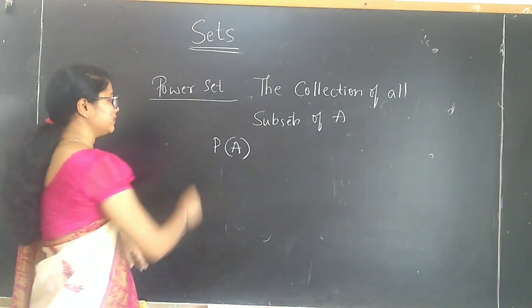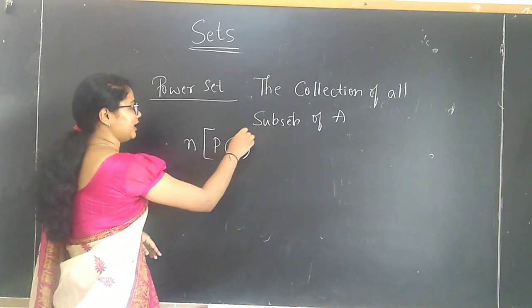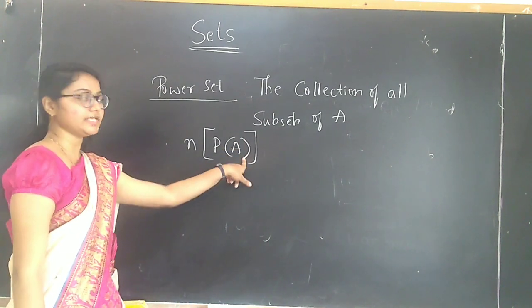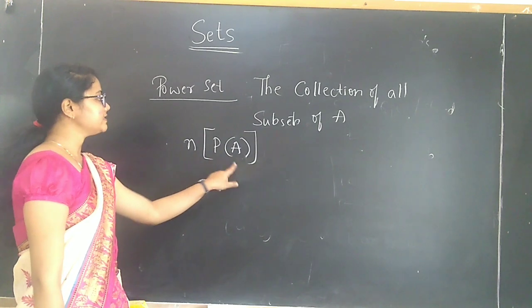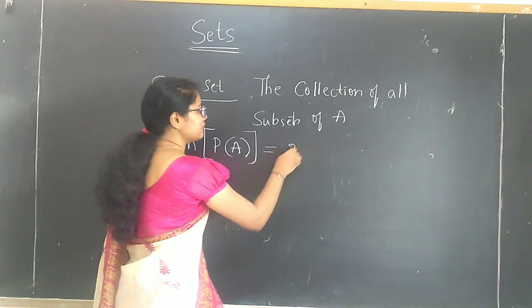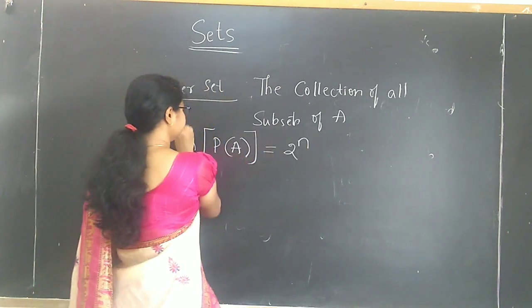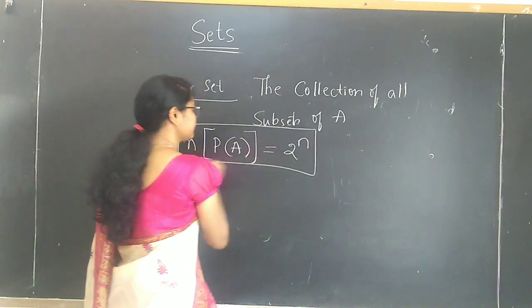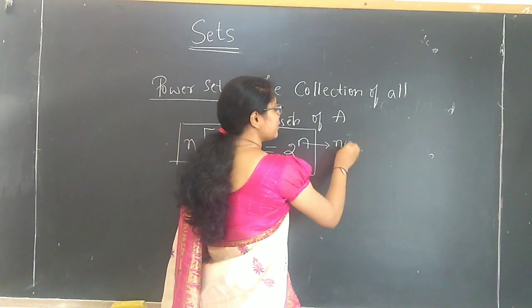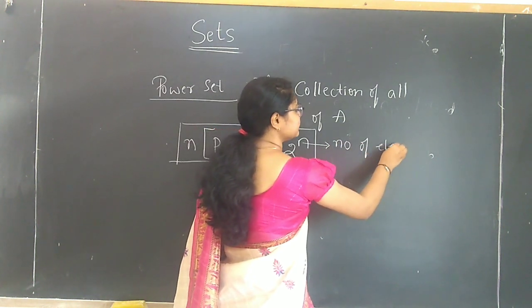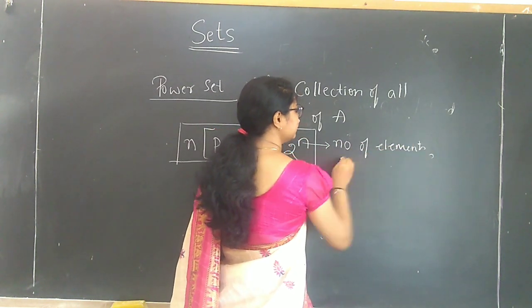In general, the formula we write is n of P(A), meaning the number of elements in the power set, also called cardinality. n of power set of A is given by the formula 2 raised to n. What does this n mean? n means the number of elements in the set.